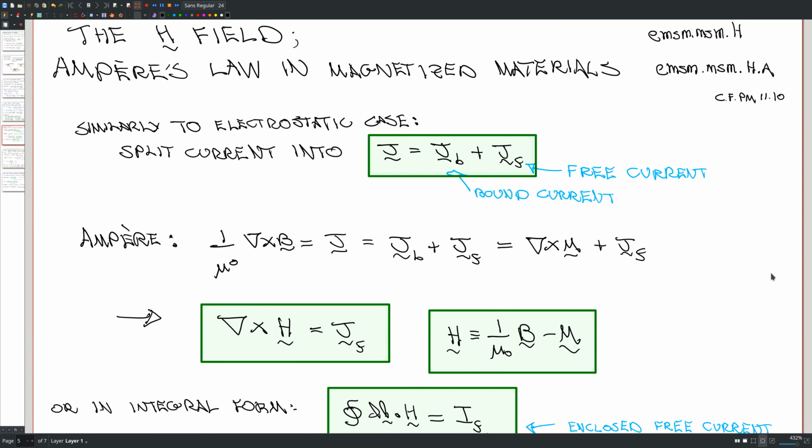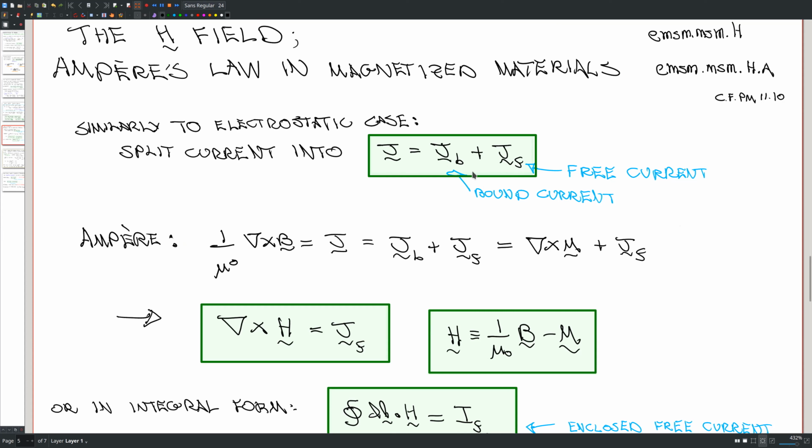Here, we will decompose the current into both a bound current coming from the magnetization inside the material that we've just seen, and a free current. The free current being really what you can add to your system externally, what you actually control, what you just plug in when you do the experiment. Not stuff which is bound to the chunks of matter that you're considering.